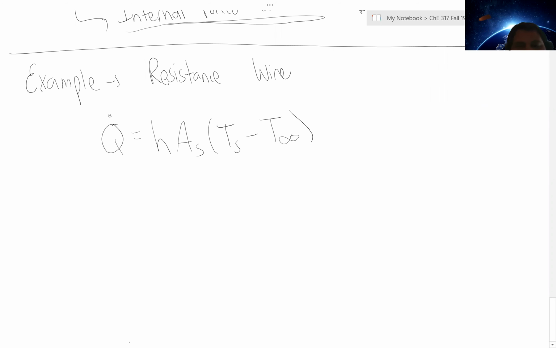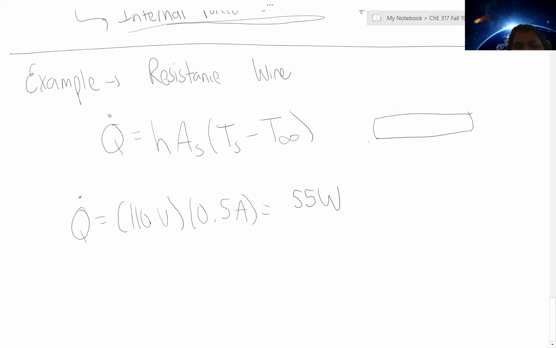Now I said that the voltage is 110 volts. The current through it was 0.5 amps, which, if I assume all that power is going into heat, then the heat Q is 110 volts times 0.5 amps, which is 55 watts.